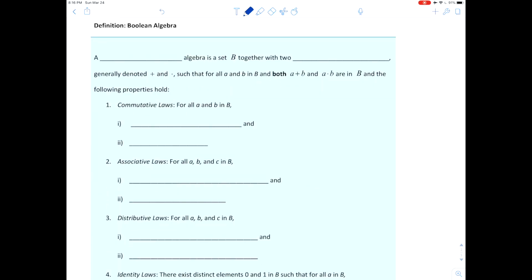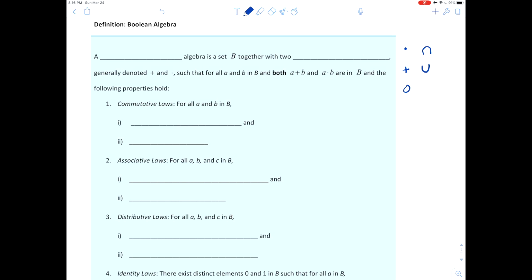In Boolean algebra, the dot is like the intersection. The plus is like a union. 0 is a contradiction. 1 is a tautology.